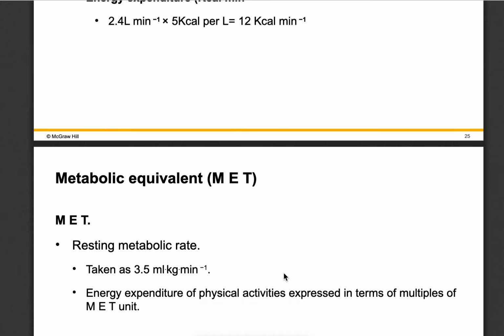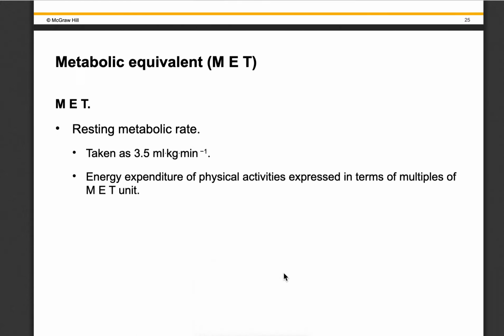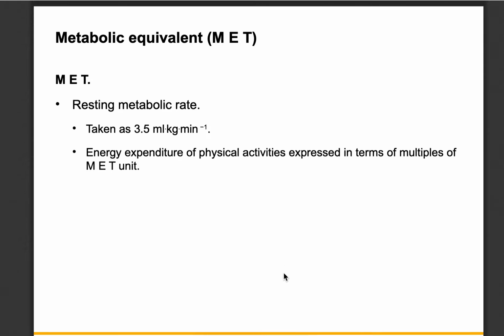And so one way that people have converted this to make it easier for everyday individuals to figure things out like this is what's called METs, or metabolic equivalents. You are burning energy just sitting here right now listening to this video, around 3.5 milliliters per kilogram per minute. So 3.5 milliliters of oxygen per kilogram of your body weight per minute is what we do while we're resting.